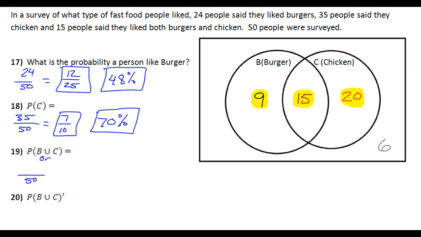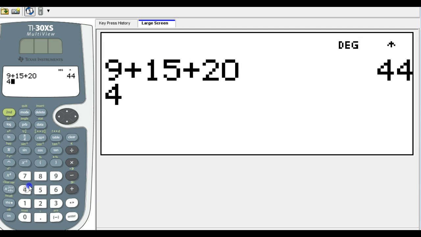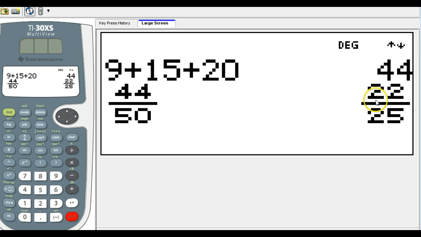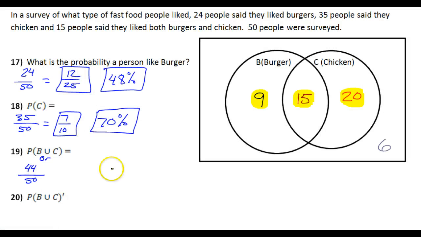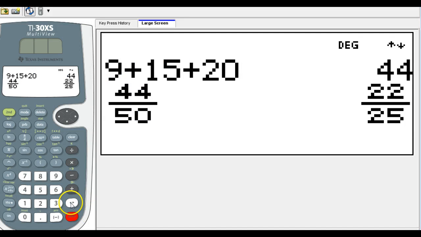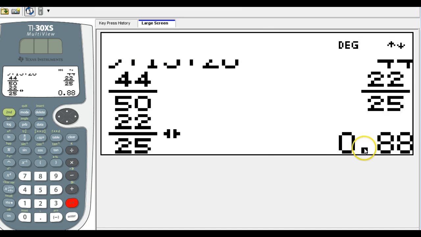So target over total, 44 out of 50. That's 22 out of 25, or as a decimal, 88%.